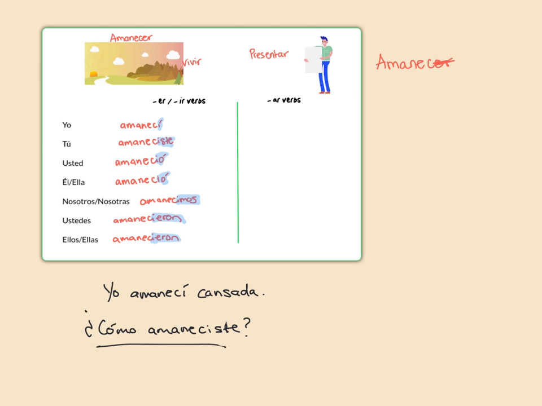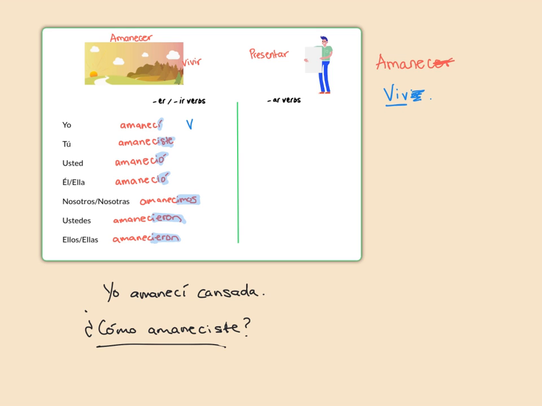Now, we can use the exact same endings that we have here to conjugate in the past tense our example verb for the IR verbs, which in this case is vivir. We're going to follow the exact same procedure. We're going to drop that ending, the IR, use our viv, and then just add the endings that we see here.